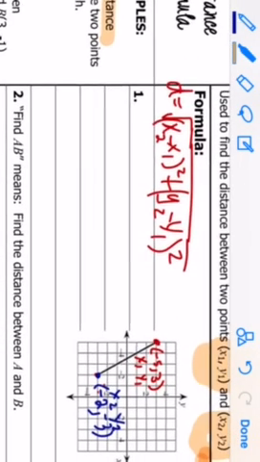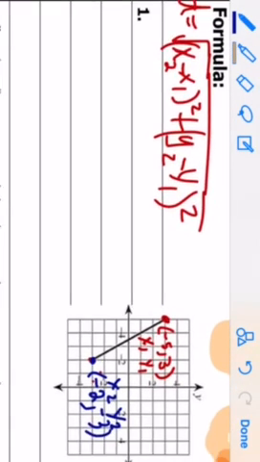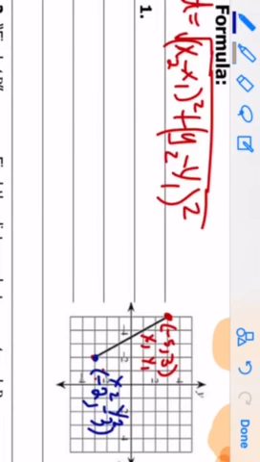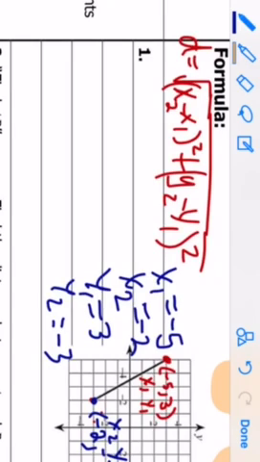I don't know how much experience you have plugging into formulas, so if it helps you, you can write them out to the side. x1 is -5, so where we see x1, we'll put -5. x2 is -2. y1 is 3, and then y2 is -3. If that helps you, write them out before you substitute those values in.